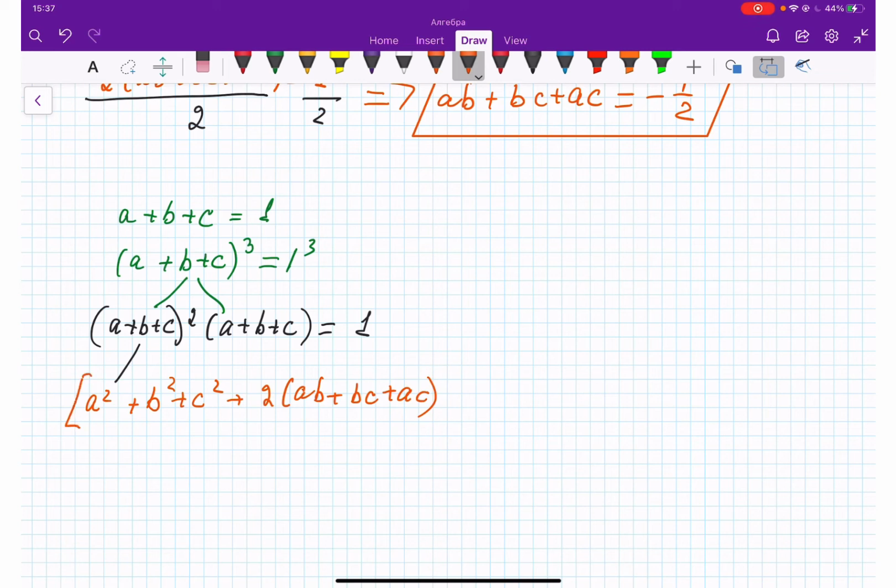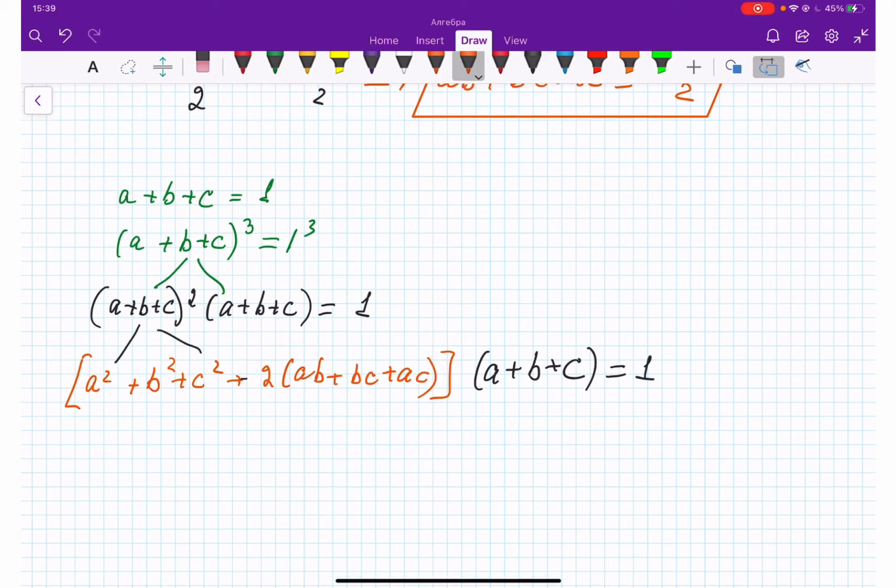Take all this in square brackets and times A plus B plus C. Let me change the color so you will know what it belongs to. And it's equal to 1.